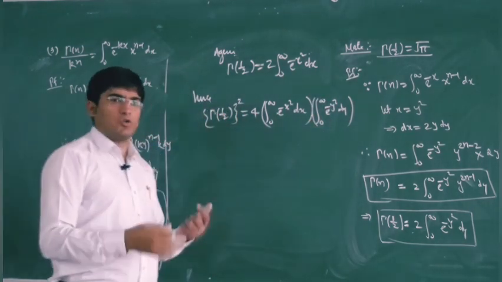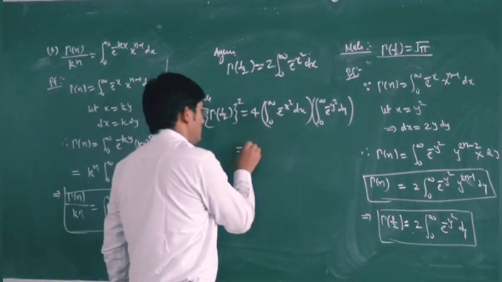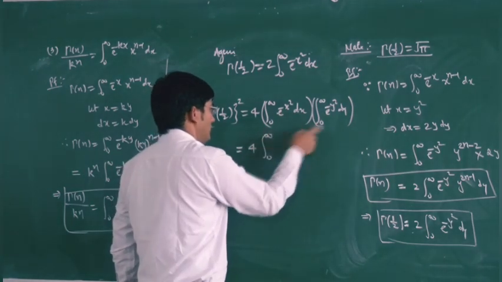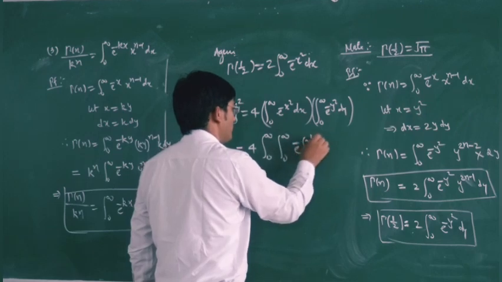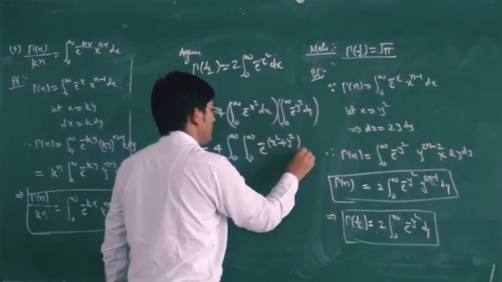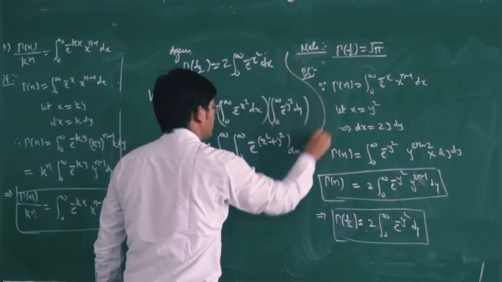Now as the limits are constant, we can take the limits together. So we have e power minus x square plus y square dx dy.